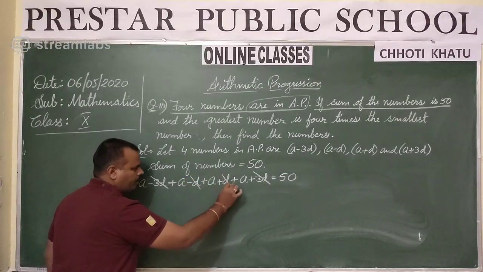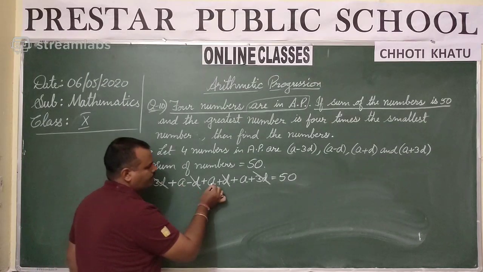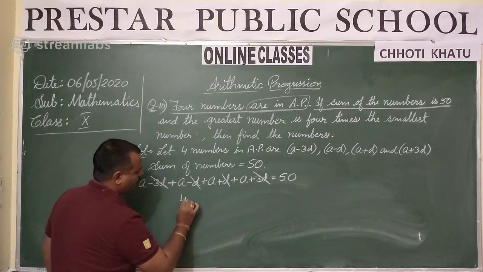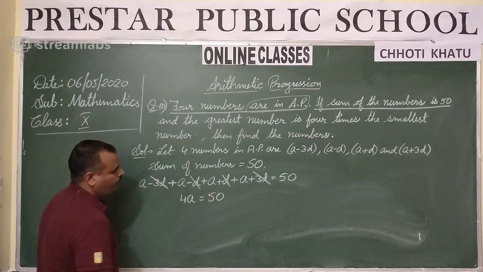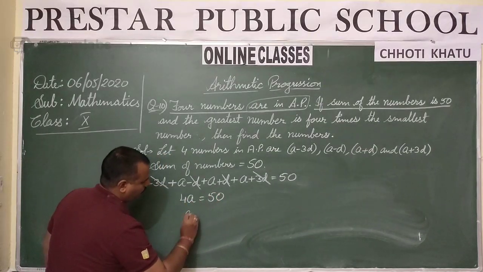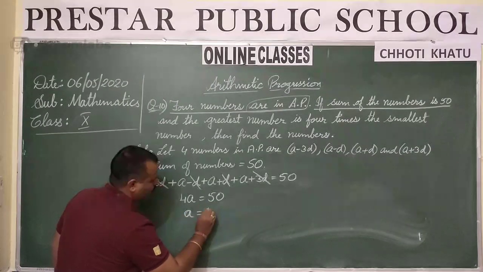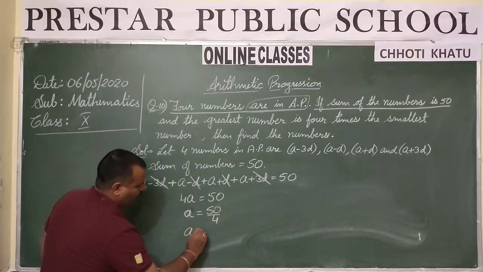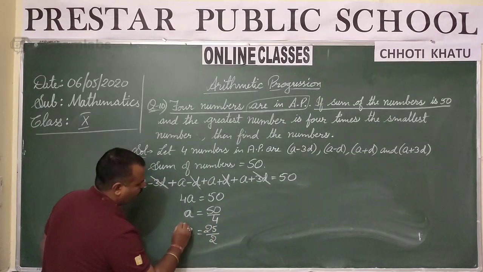Similarly, minus D and plus D. You are left with A plus A plus A plus A, that is 4A equals 50. Now, if 4A is equal to 50, then A equals 50 upon 4. So A becomes 25 upon 2.